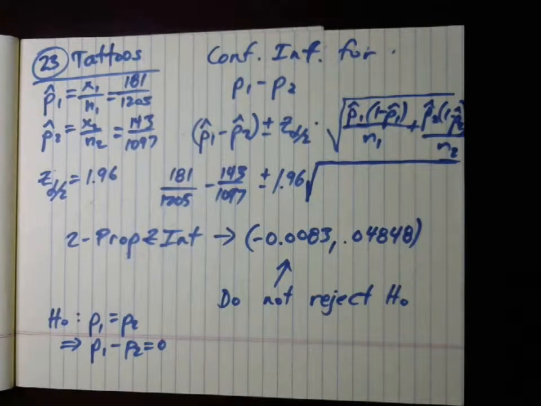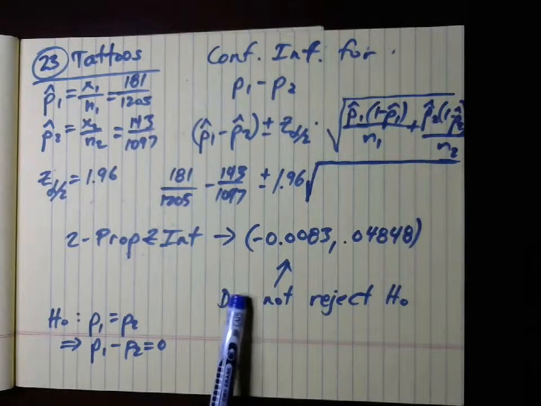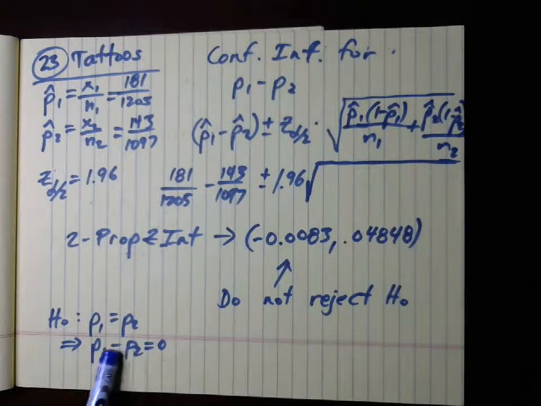Kind of weird how we do this, but if you just think about what it means for P1 to equal P2, that's saying that P1 minus P2 is equal to 0. 0 is contained in here, therefore we do not reject that the difference is 0. Or equivalently, P1 is equal to P2.